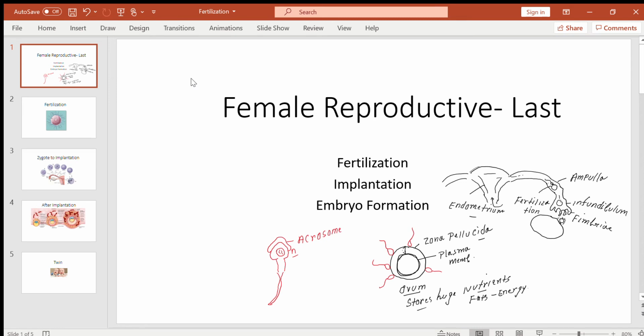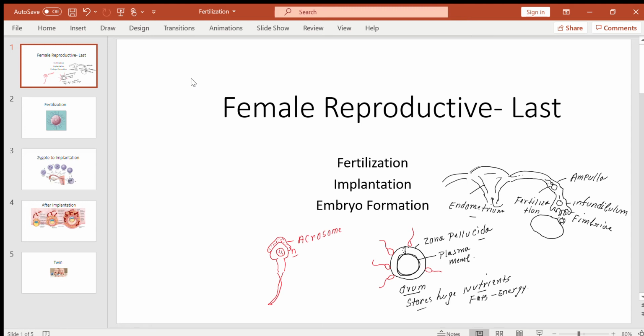Hat or cap-like structure that covers almost half of the head, right? The anterior or front of the head. And I mentioned in last class that this acrosome contains digestive enzyme. Okay, this enzyme is also called hydrolytic enzyme.